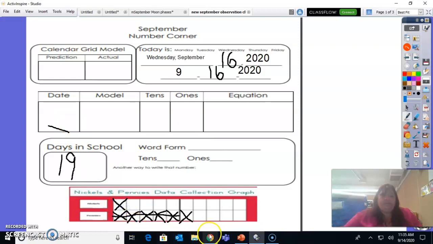Good job. So looking at our graph here that you guys have been collecting, which has more, nickels or pennies? Which has the least, nickels or pennies? So I hope you said pennies have more.